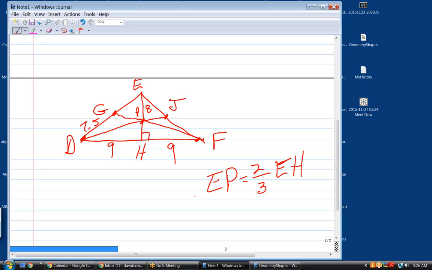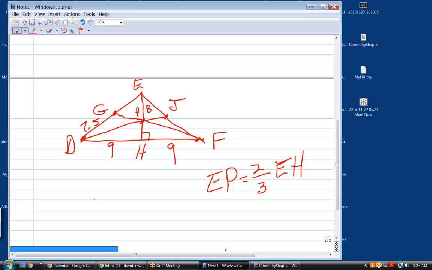When you're dealing with the centroid, know that the point is not halfway. This is always 2/3 of the whole line. So if EP is 2/3 of EH, how far is EH? If EP is 2/3, then the rest would be 1/3.